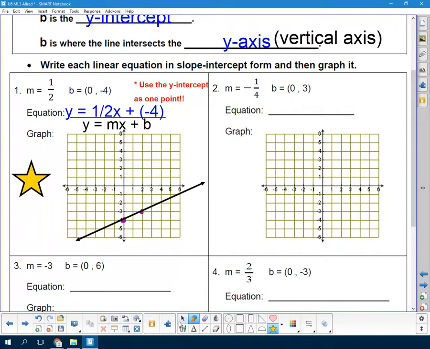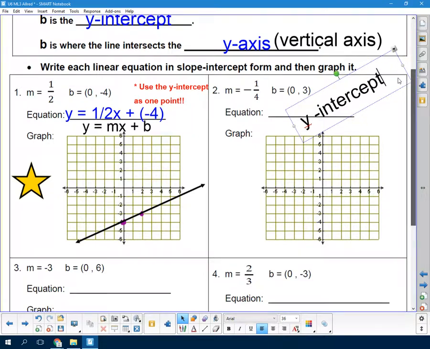If it didn't, we're going to look here at the next example, number 2. It says m equals -1/4, and it says b equals 0, 3. So the y-intercept here is at +3. Okay, that's where the y-intercept of this line is. It's at +3.